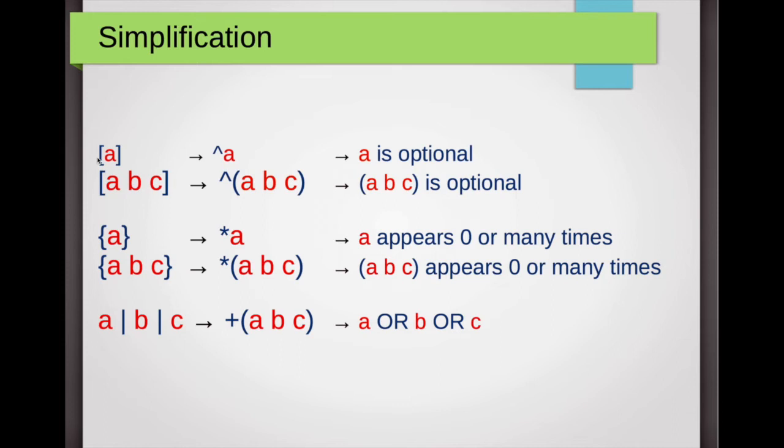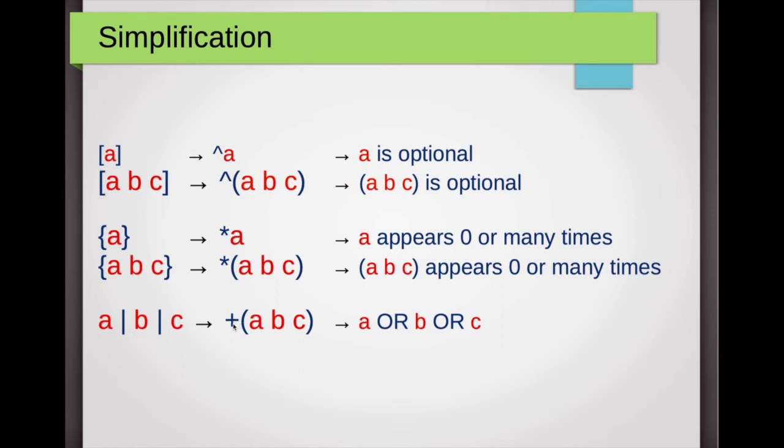And in such a way, this is transformed into that. I have a hat here, meaning is optional, and afterwards I have my item here. And if I have a group of items, I just use parentheses. The same here for appears 0 or many times, I use a star.